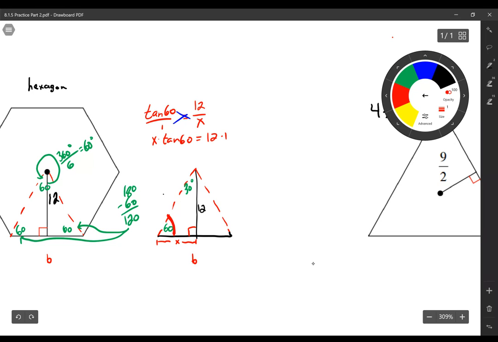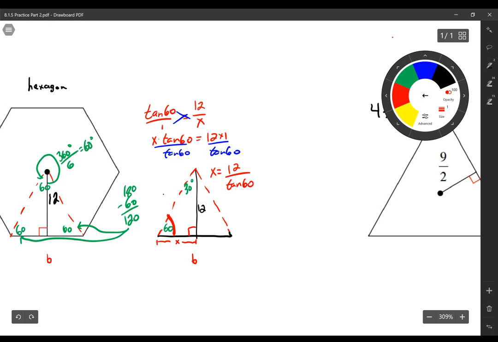And then the last step would be to divide by tan of 60 and divide by tan of 60. So once we do that, x is equal to 12 divided by tan of 60.